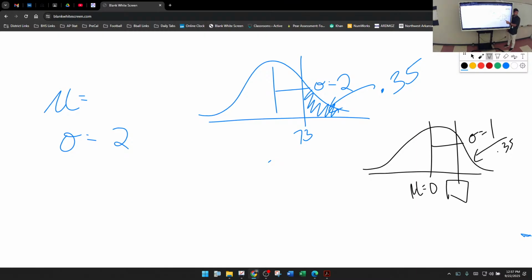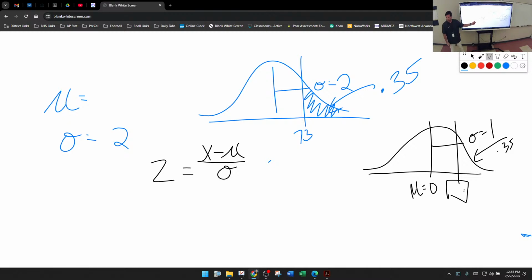So that z-score right there tells me that 73 is that many standard deviations away from the mean. Because if I do inverse norm of 0.35 with 0, 1, that gives me a z-score. Well, that z-score is the same thing as that 35% and that 73. So if I know how many standard deviations that 73 is away from the mean, I know that z is equal to x minus mu over the standard deviation.